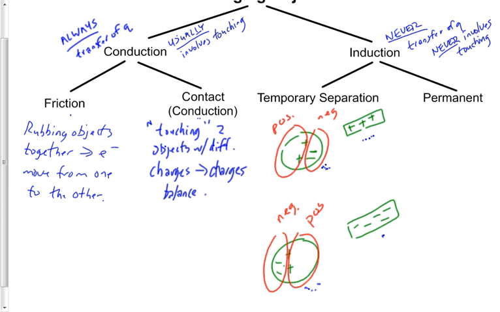But there is a reason why a positive would attract negative and why a negative would attract positive. The reason that charged objects attract neutral objects is because they induce a temporary separation of charge. And when you do that, the side that's closest to the charging object is always opposite.